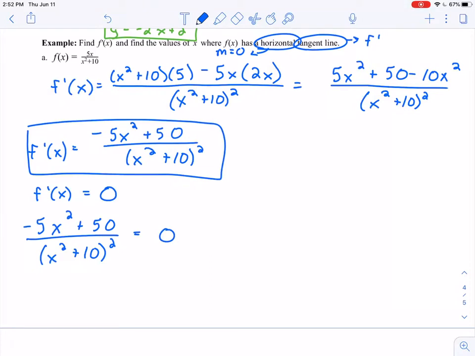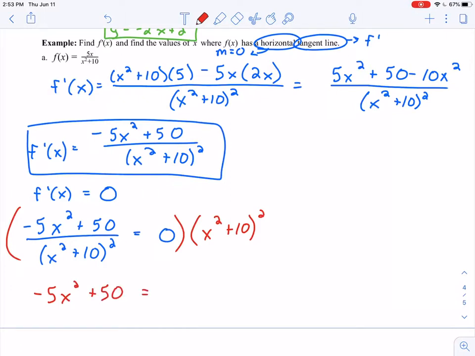Now there's a few different ways you can think about this. I think most of us would probably just say, well, let's multiply. I gotta get rid of that denominator. So I'm gonna multiply both sides of my equation by x squared plus 10 quantity squared. Now on the left-hand side, I'll end up with negative 5x squared plus 50, it just cancels.